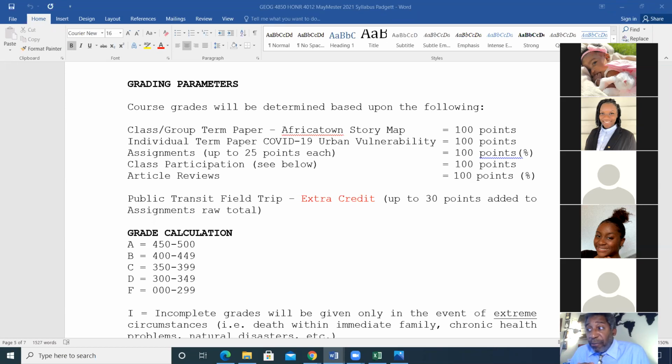But then it's a challenge. What if the only way you could get to work was on public transit? Then what are you going to do? So the pandemic posed a lot of difficulties for use of public transit.